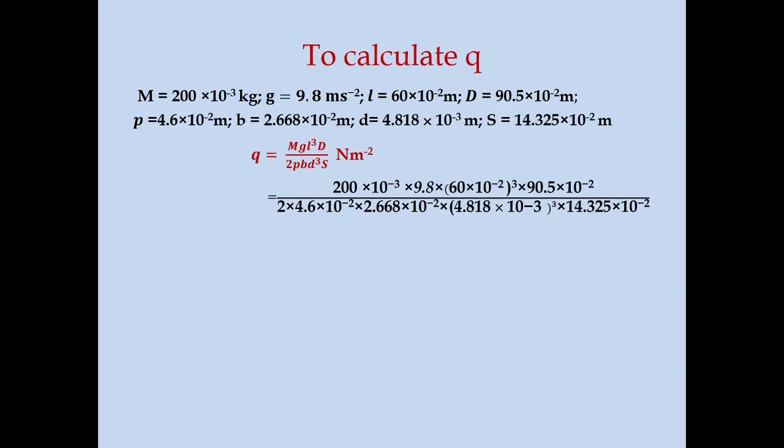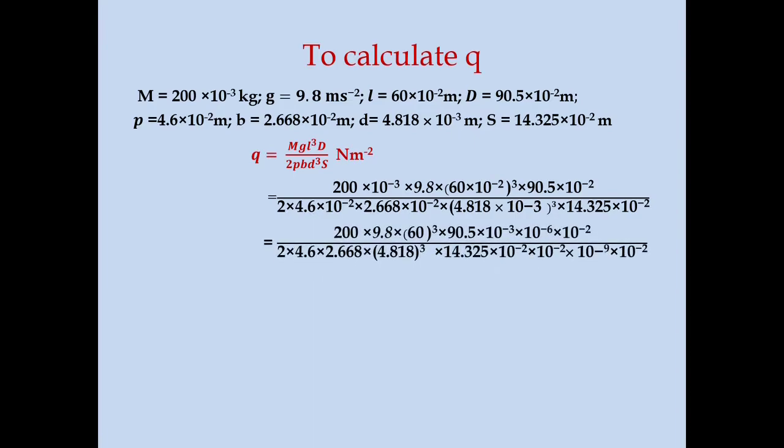Then gravity g is 9.8, L is 60 into 10 power minus 2 the whole cube, into 90.5, the distance between the scale and the mirror, divided by 2 into 4.6 into 10 power minus 2, into 2.668 into 10 power minus 2, the breadth, and the thickness 4.818 into 10 power minus 3 the whole cube, into 14.325 into 10 power minus 2.